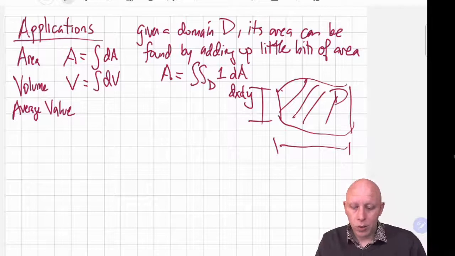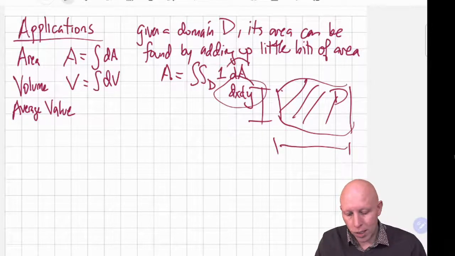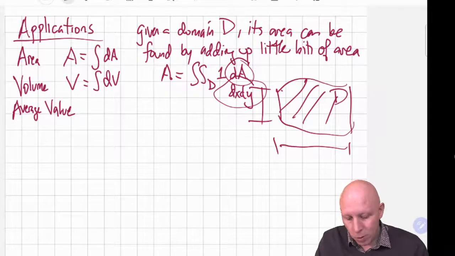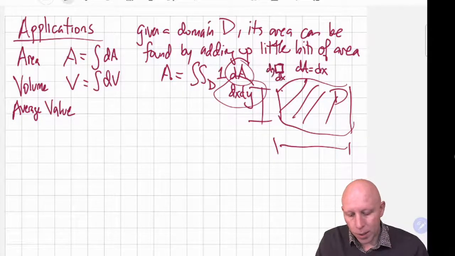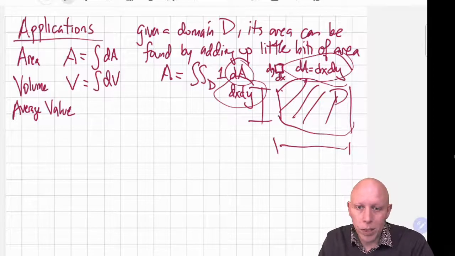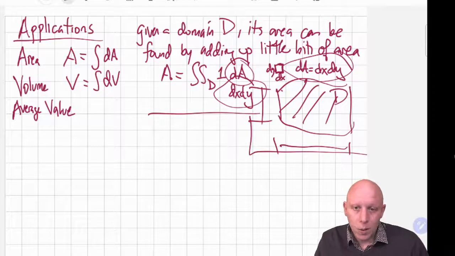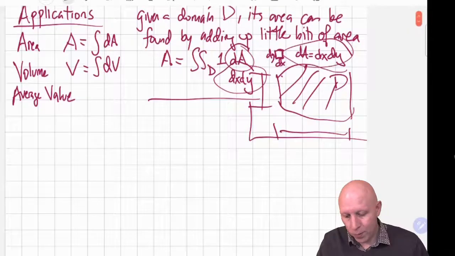In future videos, we're going to change what this little dA is. But in our case, when we're thinking about a little bit of area and we've broken things up into rectangles, then dA is equal to a little dx times a little dy. But again, this is going to change, and it will be different when we're talking about triple integrals. All right, that's our basic idea about area.